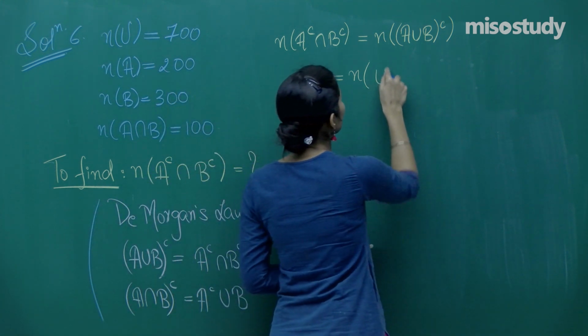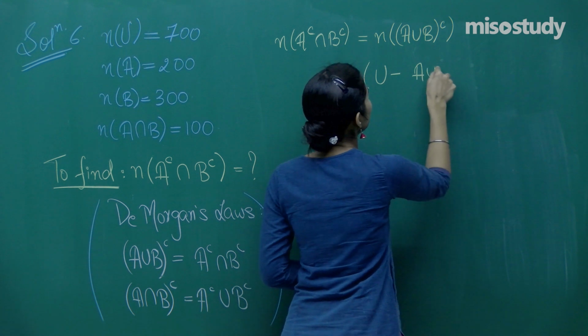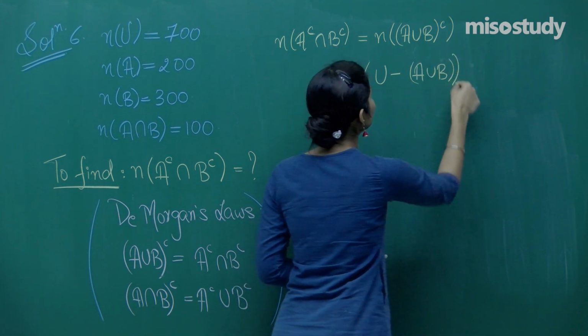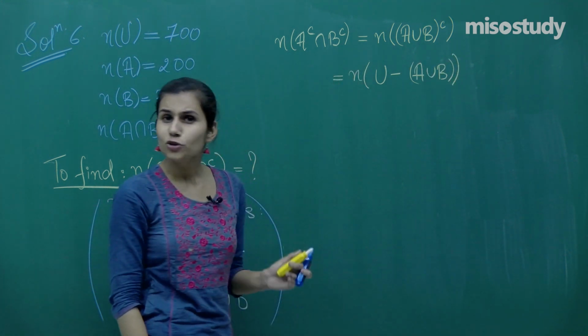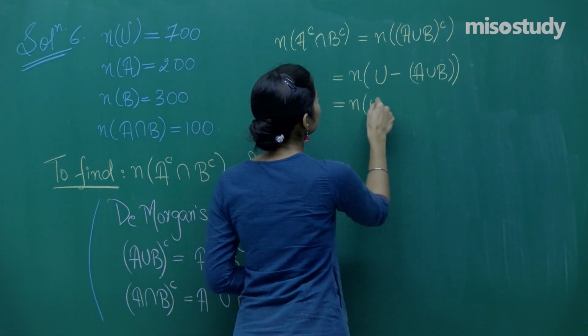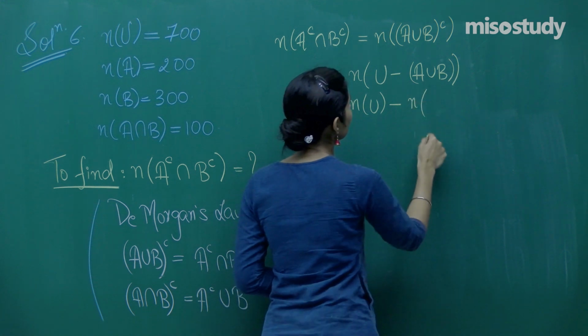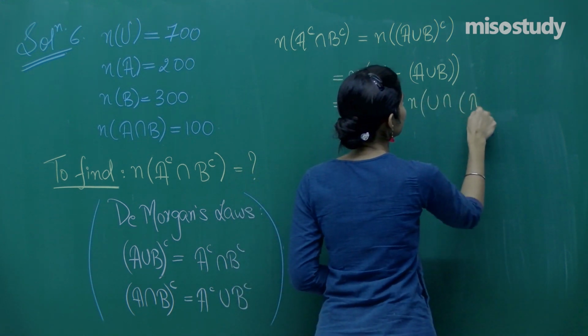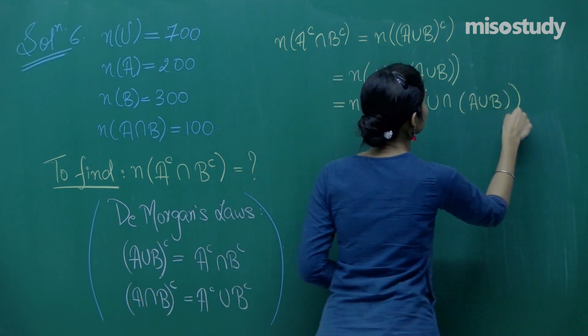That means number of elements in the universal set minus A union B. And you know the very formula for this. This is equal to number of members in U minus number of members in U intersection A union B.